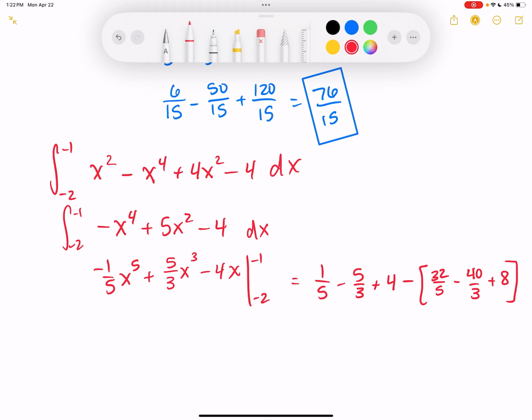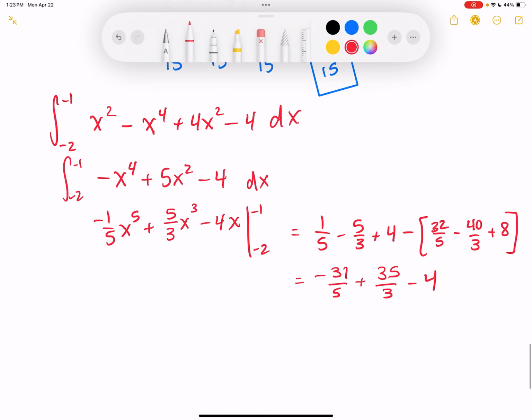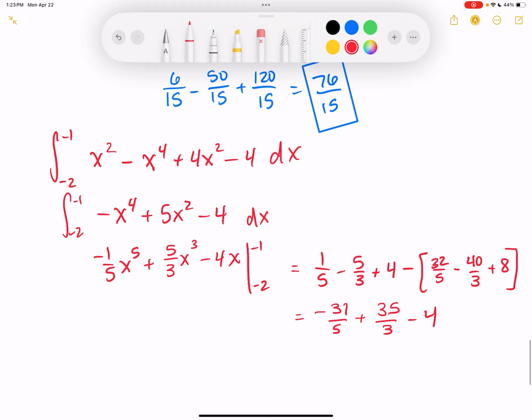So -31/5 plus 35/3 minus 4, I think. I'm just going to plug these in because I can.